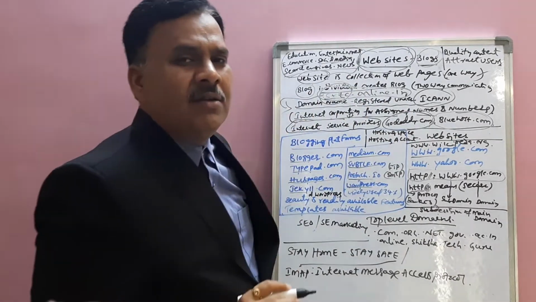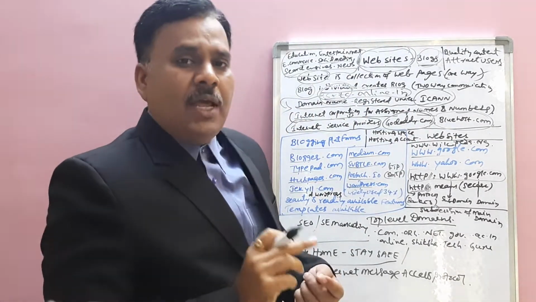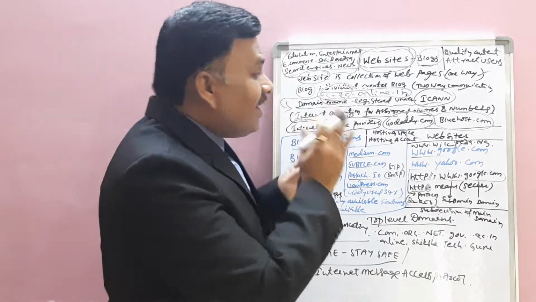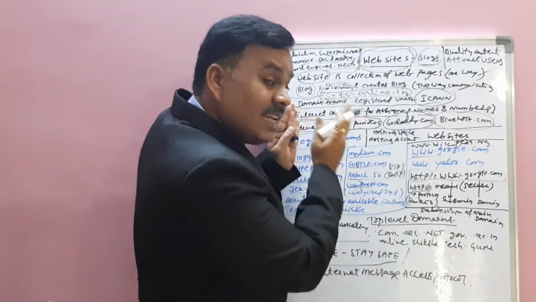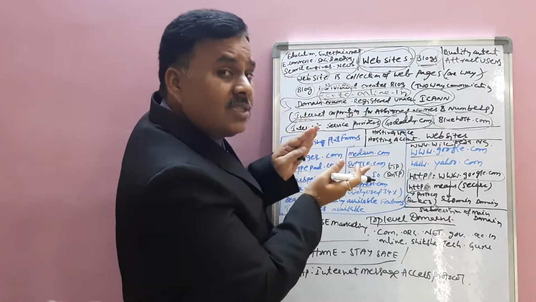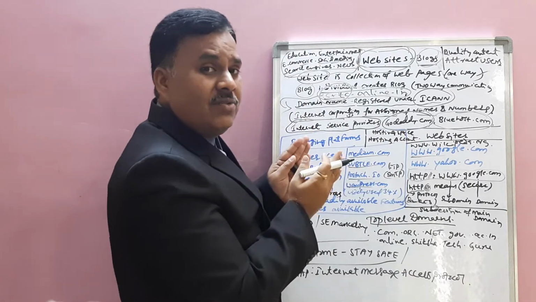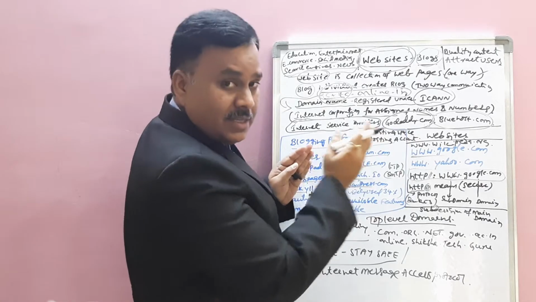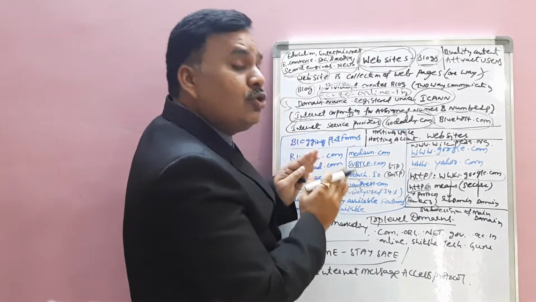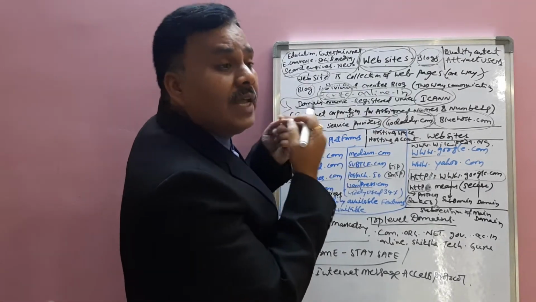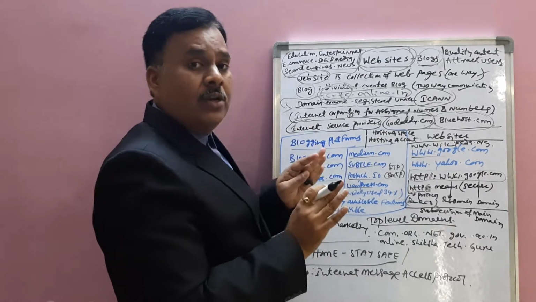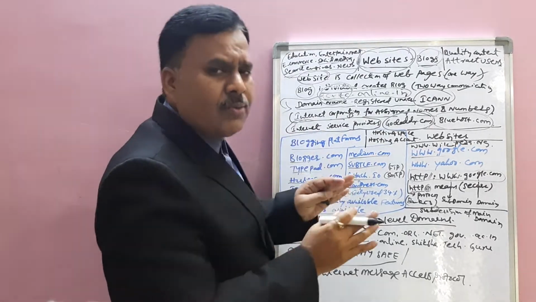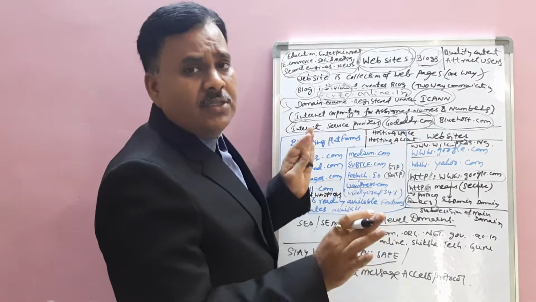At the same time, www.osmania.ac.in is an academic institution domain already taken by Osmania University. This domain name will not be given to any other end user. Even if you give lakhs or crores of rupees, you cannot purchase it.